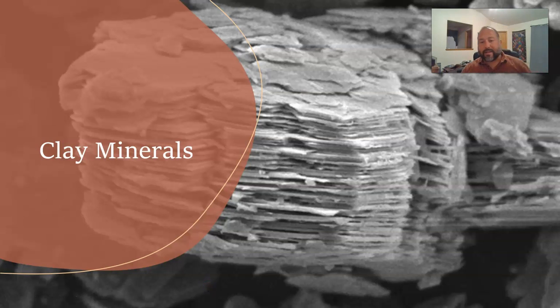And then that takes us to clay minerals. And so this picture right here, if I remember correctly, is an up close under an electron microscope of kaolinite. And so you can really see that idea of the sheets that we talked about, the idea of when we were looking at our structures.